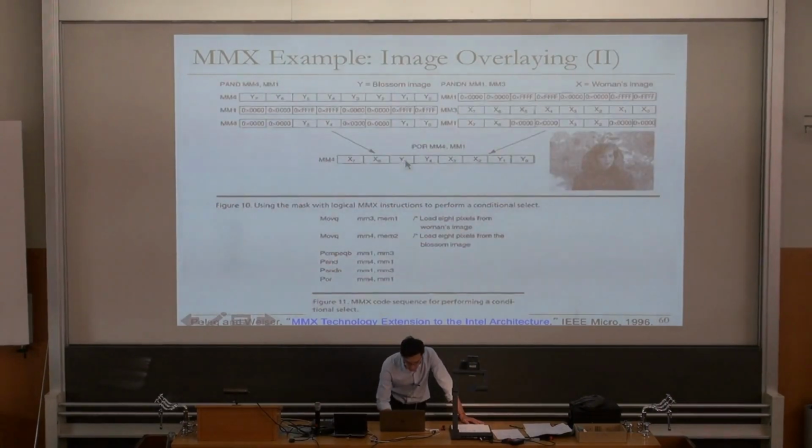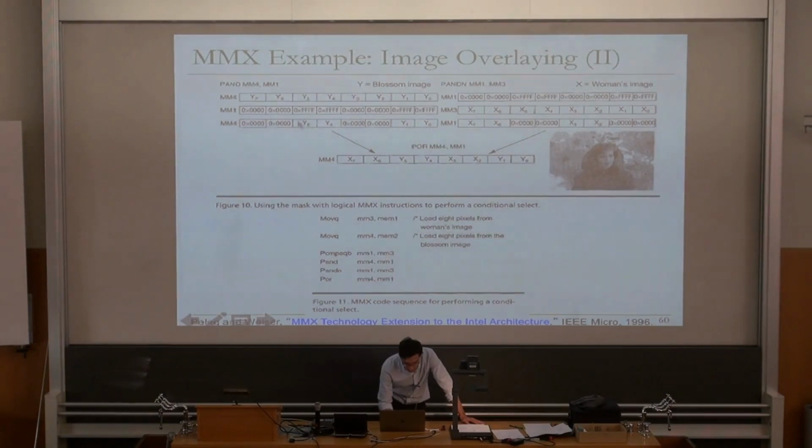Once we have the bit mask in register MM1, we have to execute two more instructions, pack and and pack and not. Pack and is to mask the blossom image with the mask, and pack and not is to mask the woman's image. The result will be something like this.